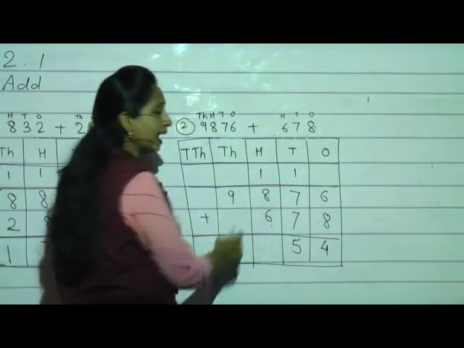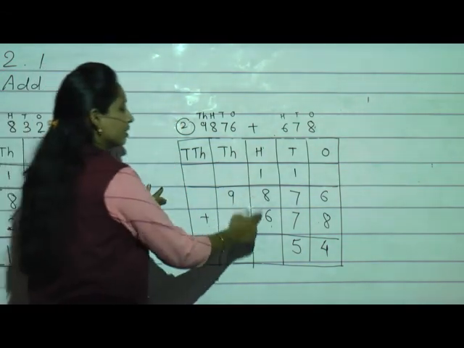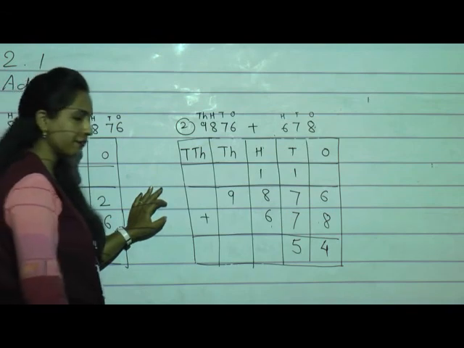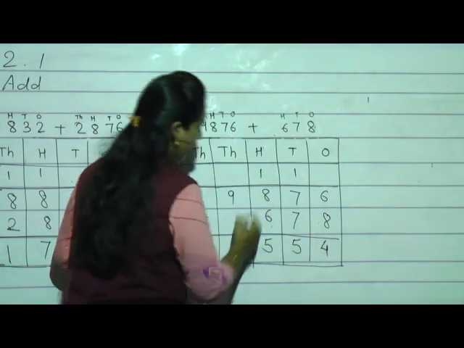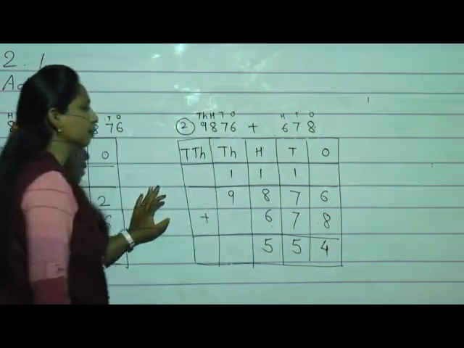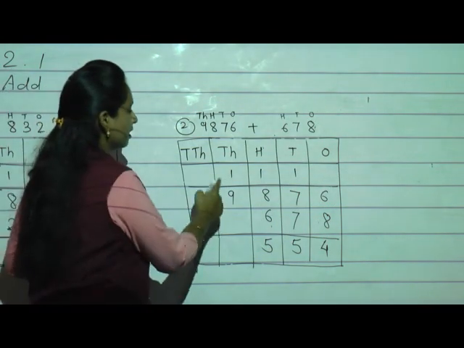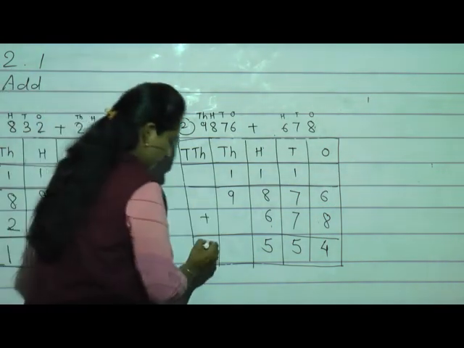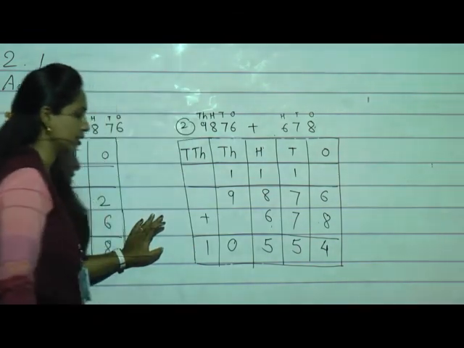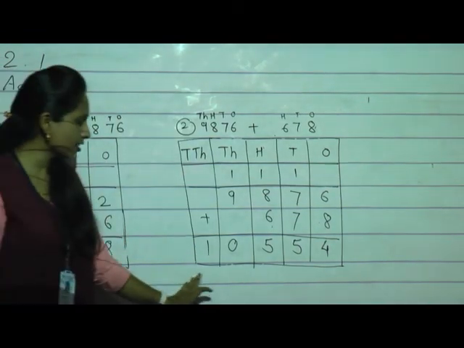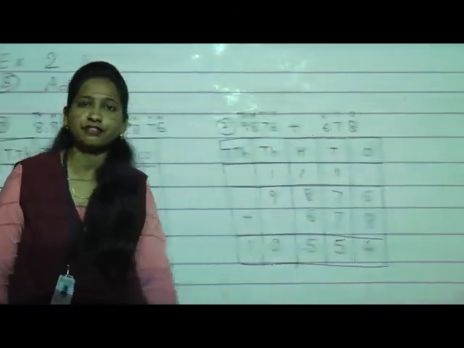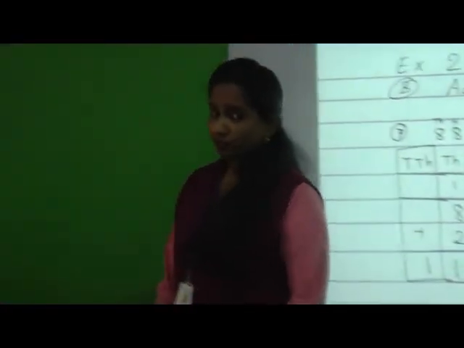Now 1 plus 8, 9. 9 plus 6, 15. So write 5 on hundreds place, 1 will carry to thousands place. Now 1 plus 9, 10. So we will write 10 in this way. So the answer is 10,554.